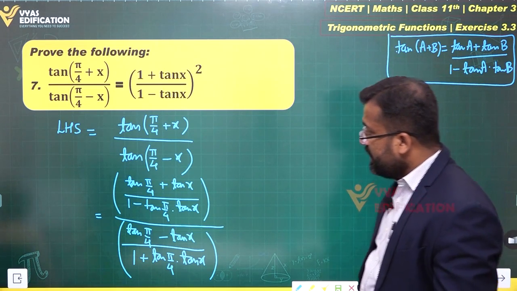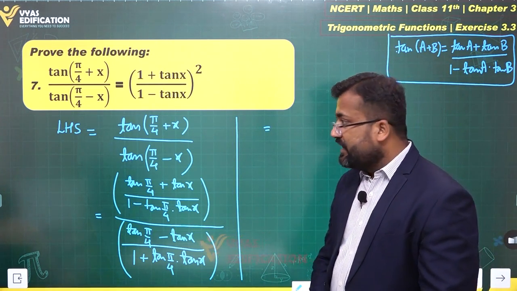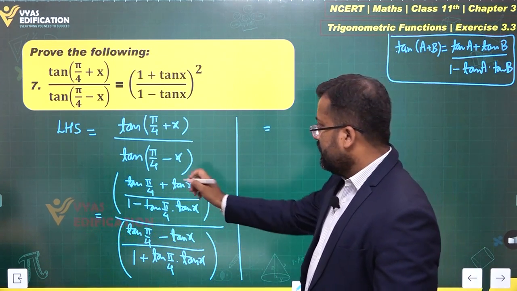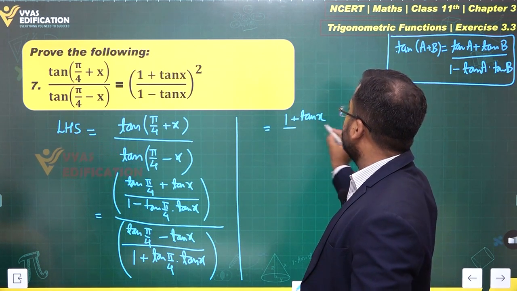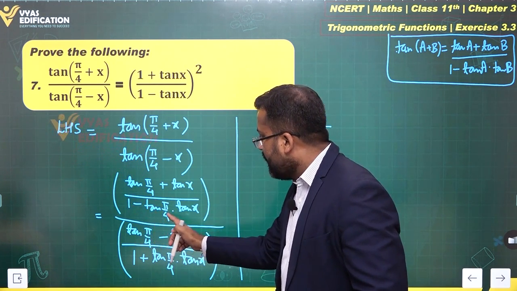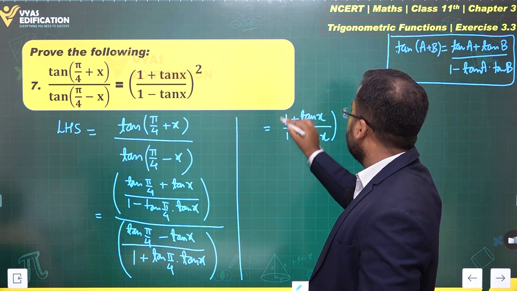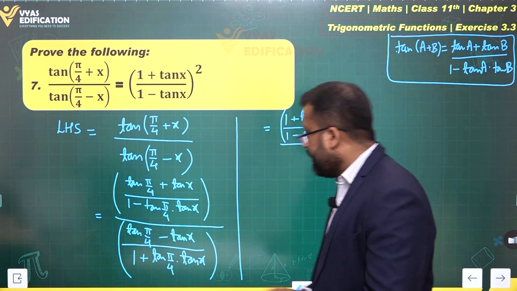Using this formula, what will this simplify to further? Tan of pi by 4 is simply 1. So this numerator will become 1 plus tan x over 1 minus 1 times tan x, which is 1 minus tan x. The overall denominator would become 1 minus tan x over 1 plus tan x.